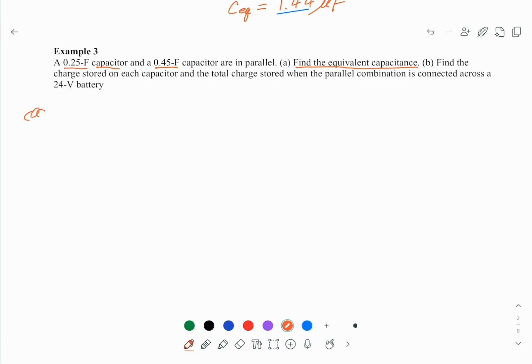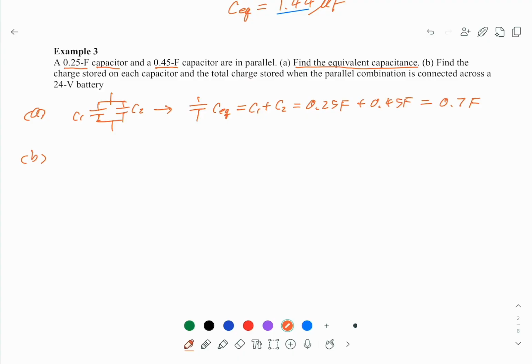So for A, they are connected in parallel, C1, C2. So the equivalent, C equivalent, is C1 plus C2. So it's 0.25 plus 0.45 Farad, and this is 0.7 Farad.